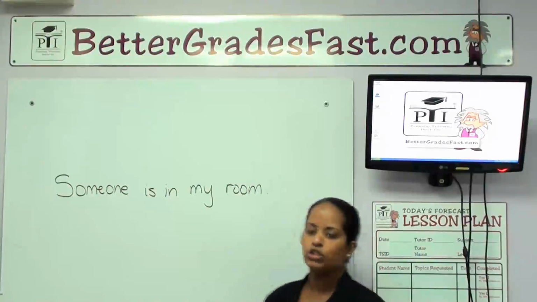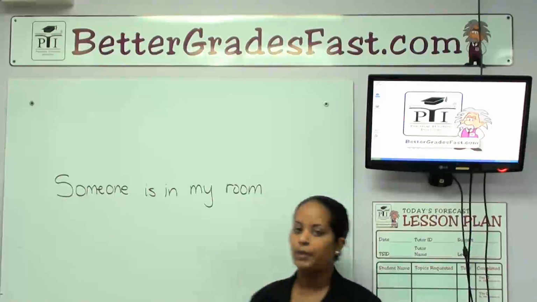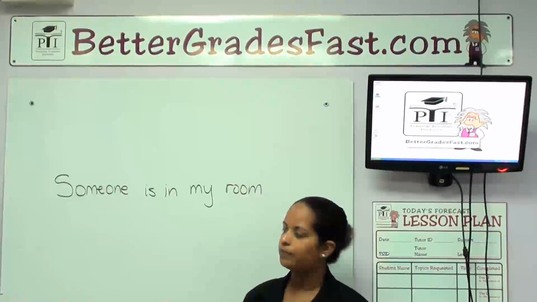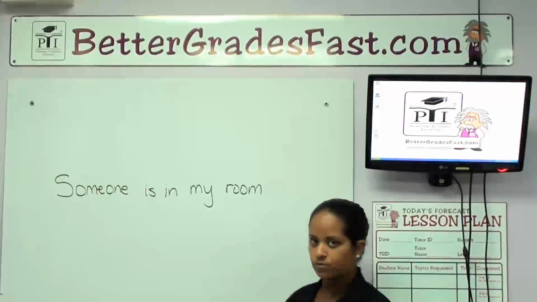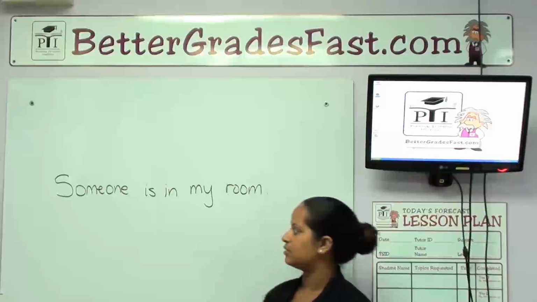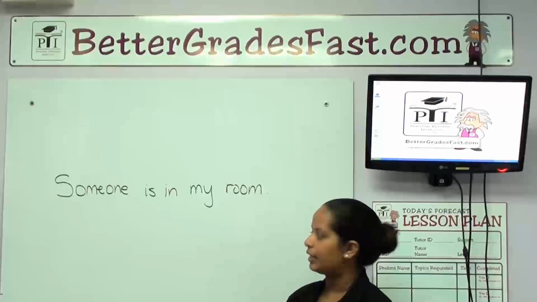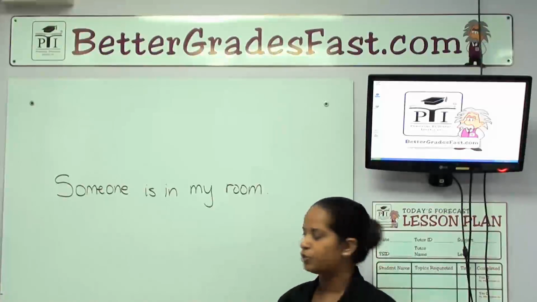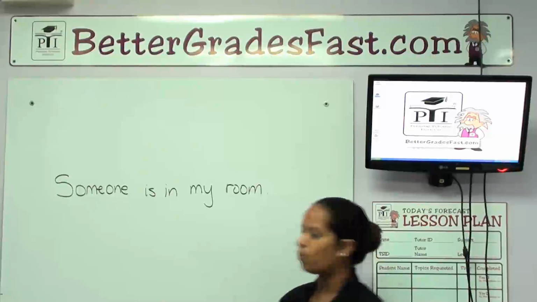If I were to change this sentence to a negative sentence to make it show negation, I would have to include negative pronouns. Let me show you how this is done. We can do this 2 ways. One option is changing the word someone to no one.